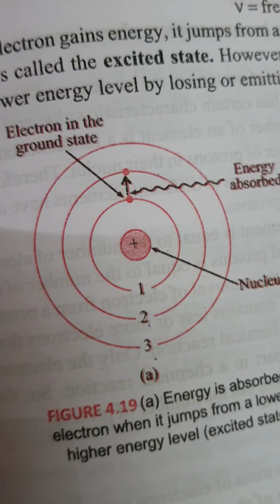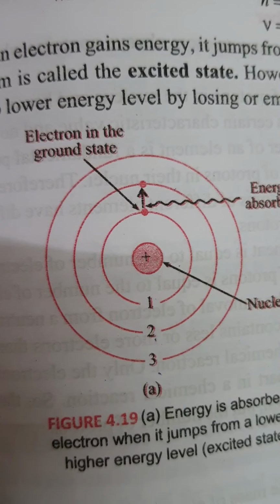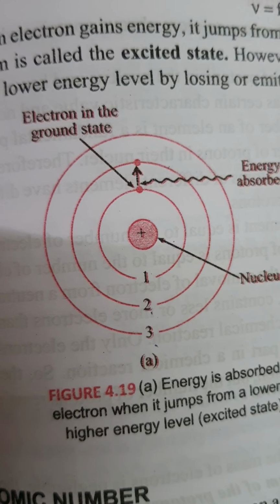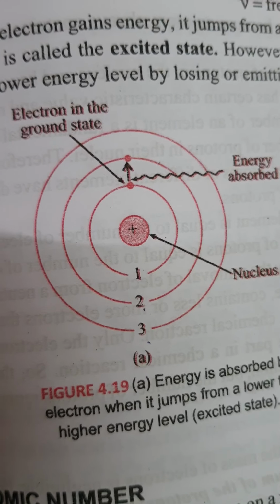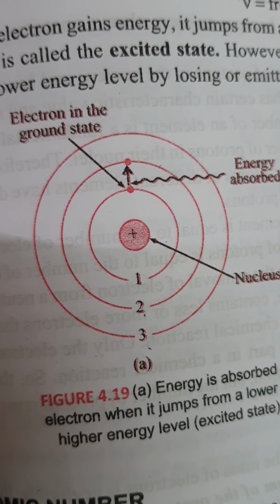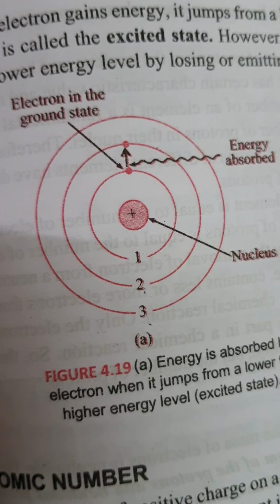What are these orbits? n equal to 1, n equal to 2. These are called stationary orbits. They will not change, they remain the same. The energy of an electron remains the same as long as it is present in that stationary orbit.